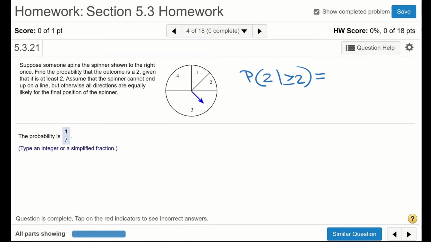So take a look at the image. Notice that that means that the outcome has been either a 2 or a 3 or a 4, but not a what? Not a 1, right?